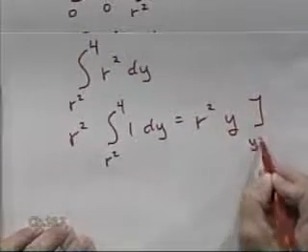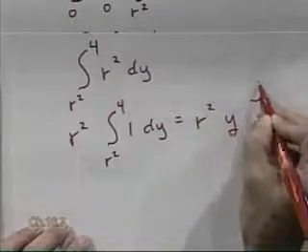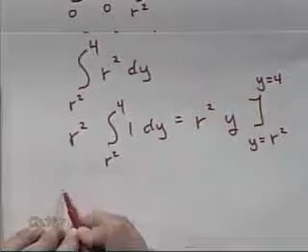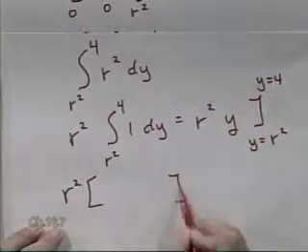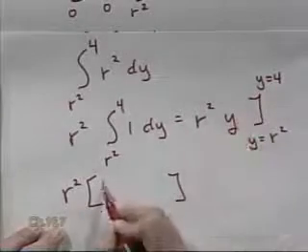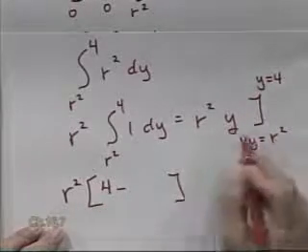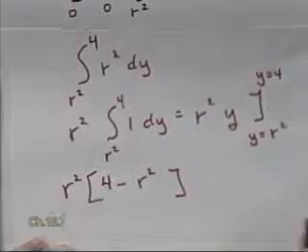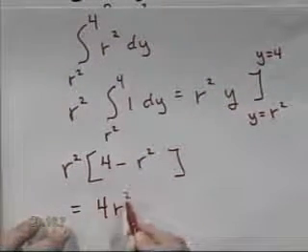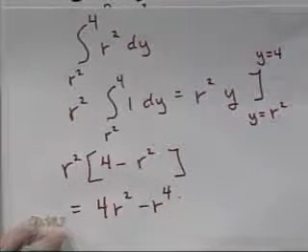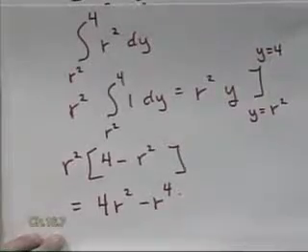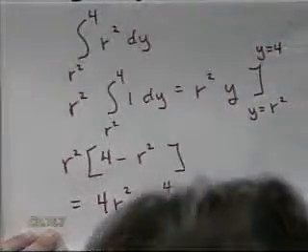And we're going from y is r squared to y is 4. So we take our r squared constant out. We're putting a 4 in for y, minus we're putting an r squared in for y. And that will give us 4r squared minus r to the 4th. I might as well finish it if I went this far, okay?